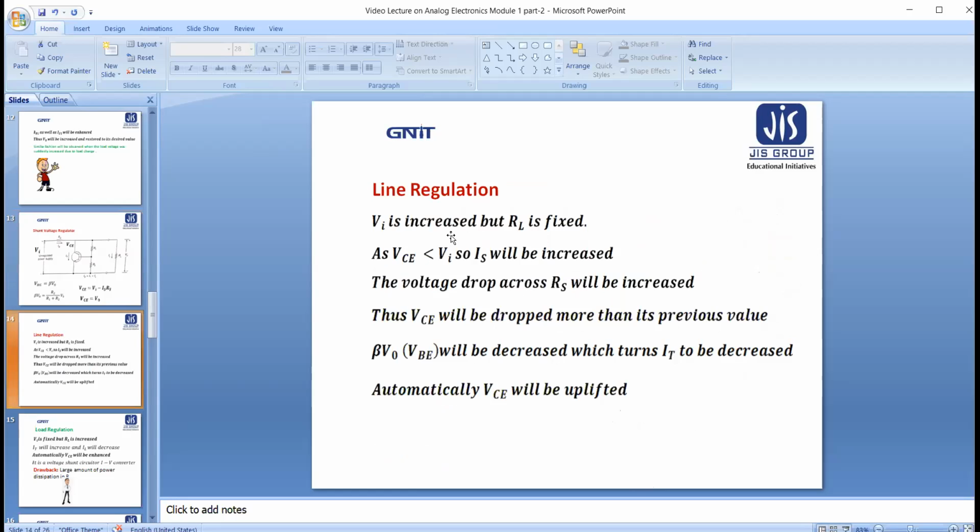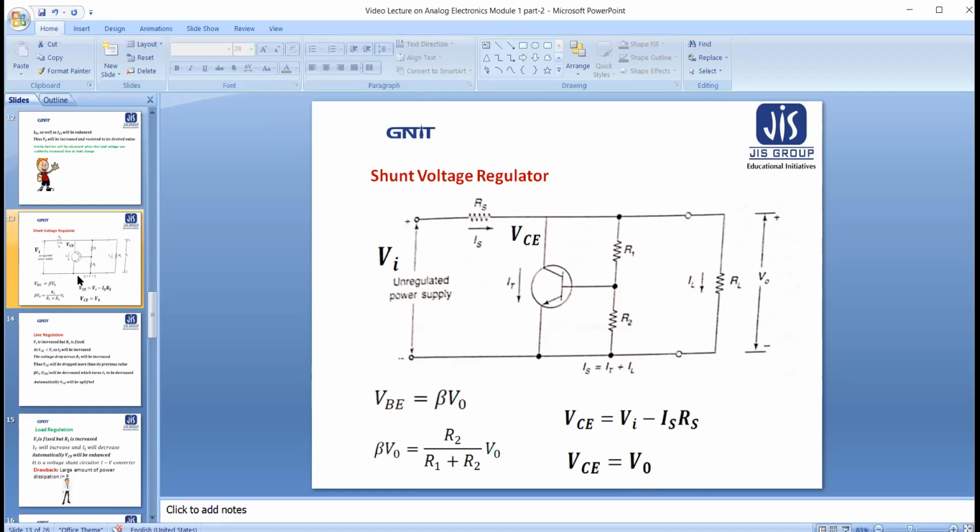VI is increased but RL is fixed. From this expression we see that VCE is always less than VI. Now if VI is increased suddenly, obviously the difference between VI and VCE will be much more prominent.